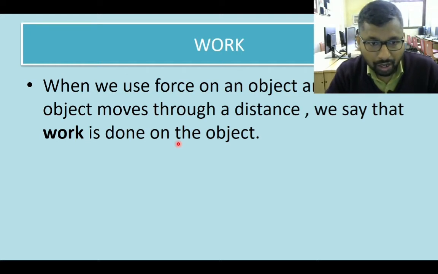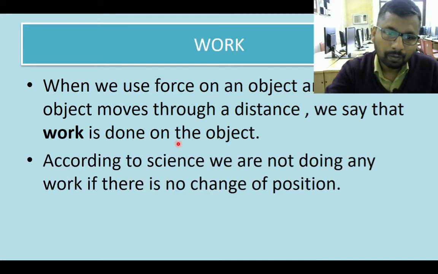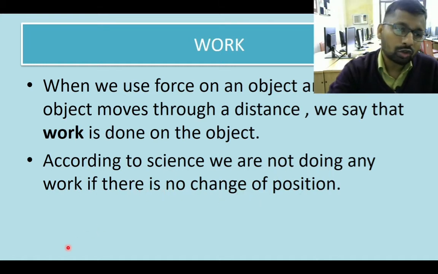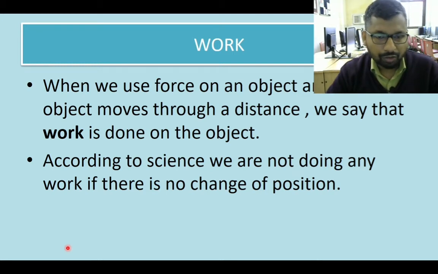If it is strong enough and doesn't fall, it won't move from its place even an inch. Then that is not work as per science. According to science, we are not doing any work if there is no change of position. If you try to push a wall, it won't move even an inch, so that is not work as per science.